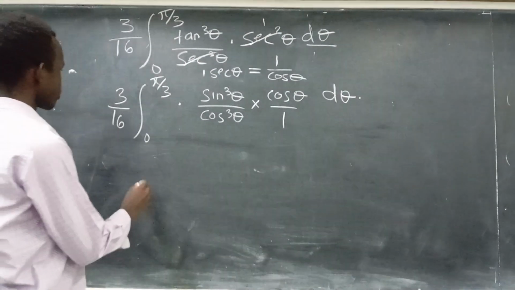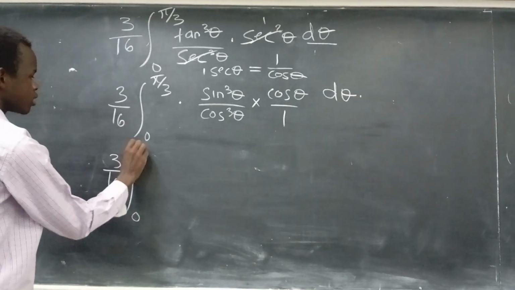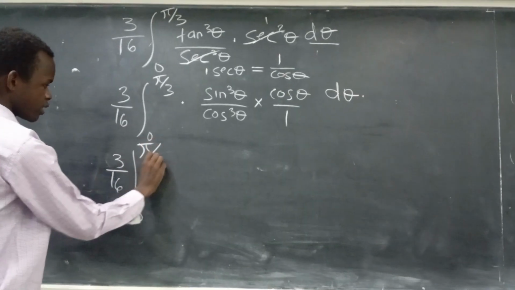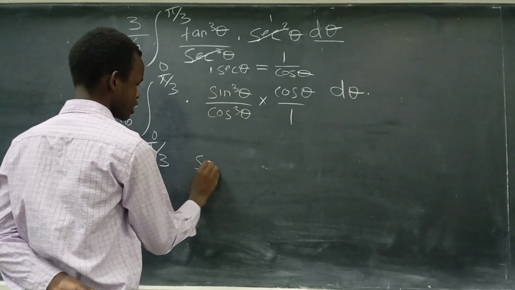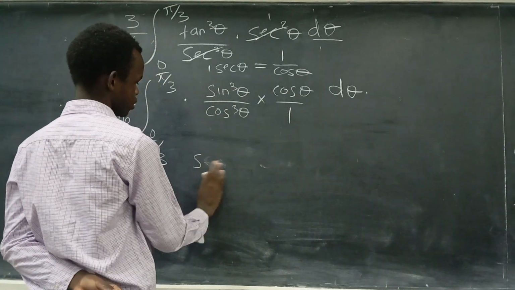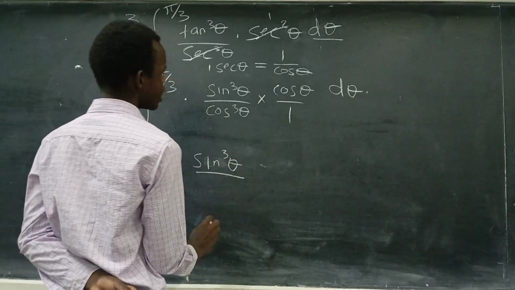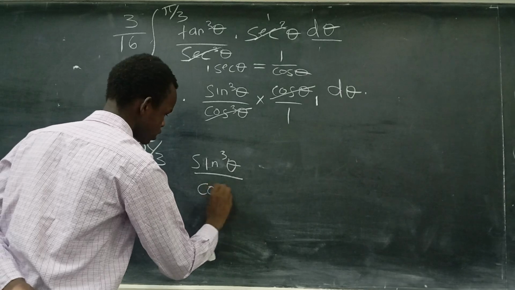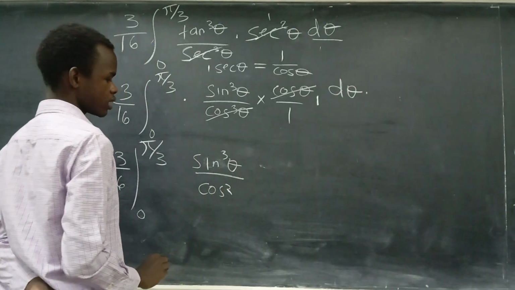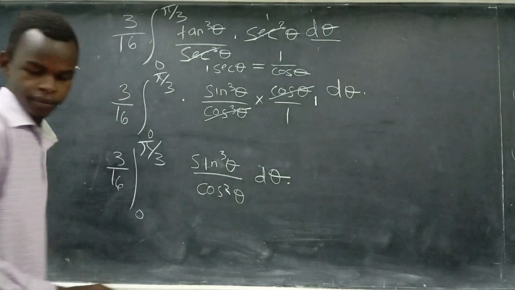Right? So from there I'll get my 3 over 16, the integral from 0 to pi over 3. So from this part I will remain with sine, not secant, sine of 3 theta divided by, my 1 cos will go with that, I will be remaining with cos to the second. Okay? Cos to the second of theta, d theta.